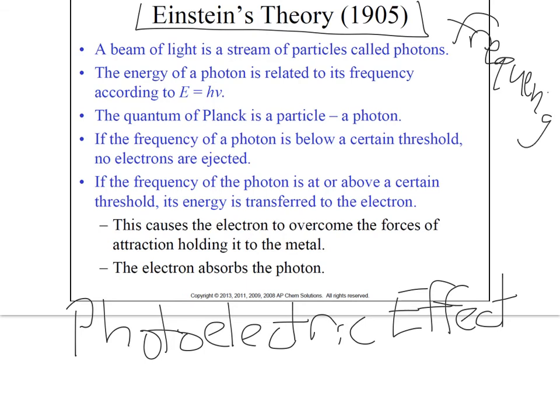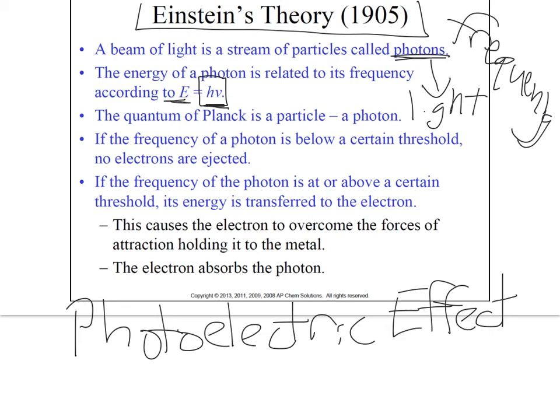So Einstein came up with this idea of photons. So photons are particles of light. And those photons would have energy that is equivalent or related to quanta, right? So their frequency and Planck's constant, which we'll get to in a second, would tell us the energy of a photon, okay?